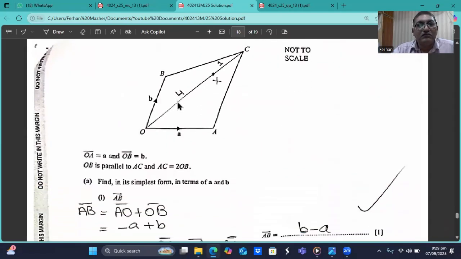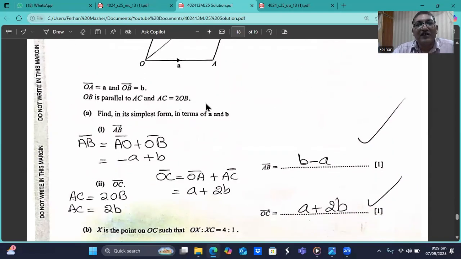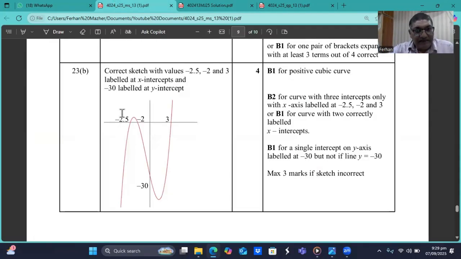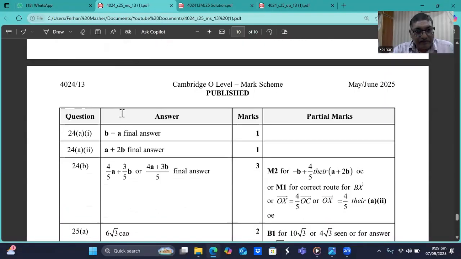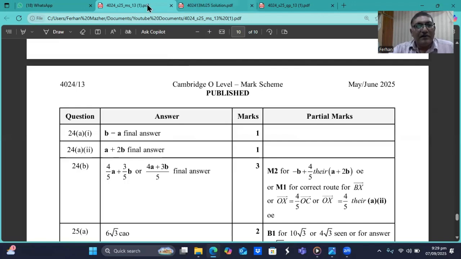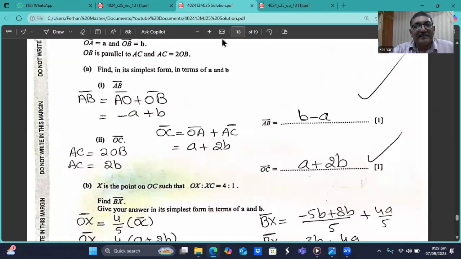AB will be equal to from A go to O, from O go to B. A to O is minus a, and O to B is plus b. So that is b minus a. Okay, so b minus a is the right answer.